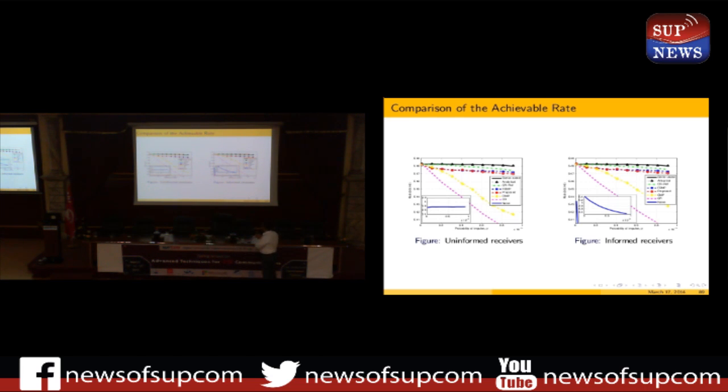This is the exact algorithm where I don't use structure, and this is the algorithm with structure. And as you can see, they are almost the same. So what did we gain? The performance is worse, right? What do we gain? We gain in complexity. Let's look at complexity. This is the gain in complexity. We are orders of magnitude faster because we are using the structure.